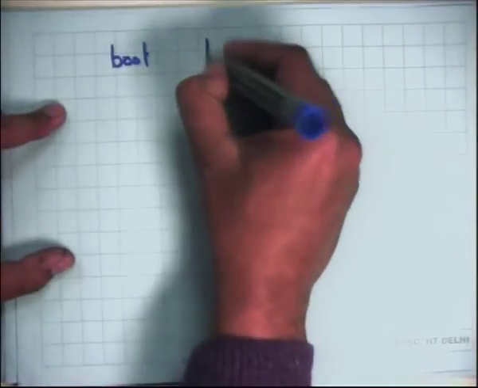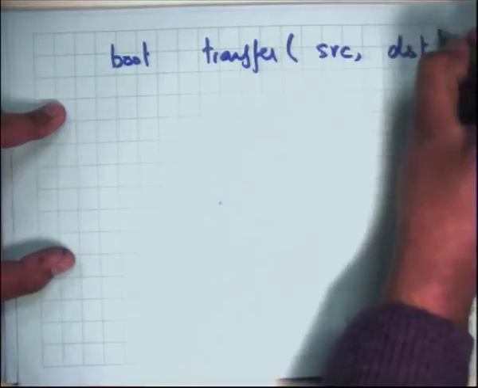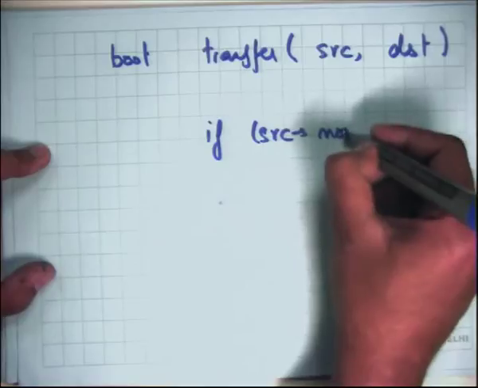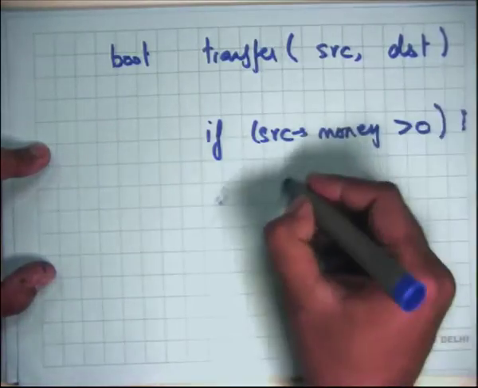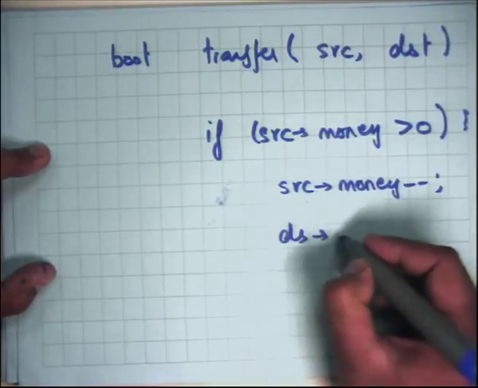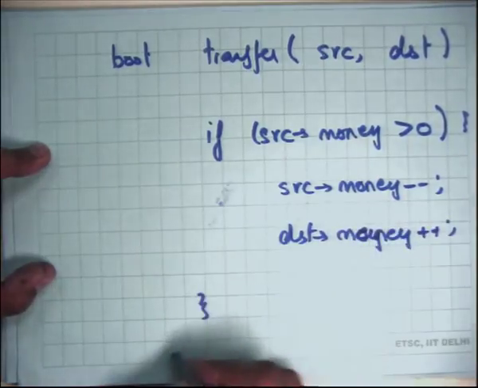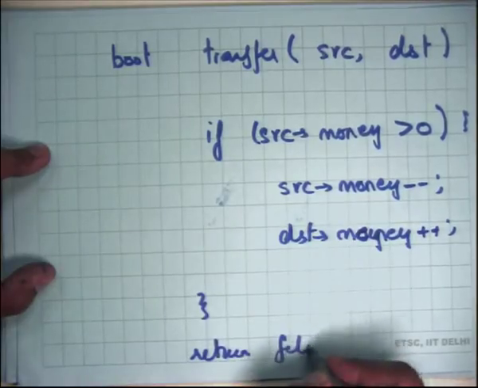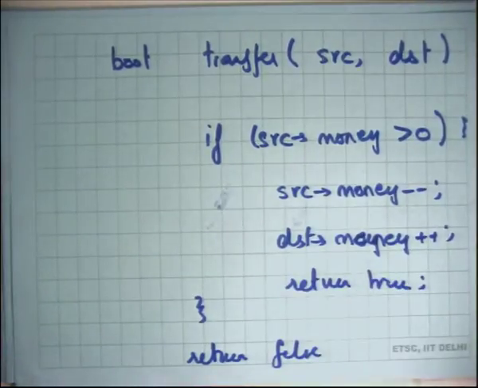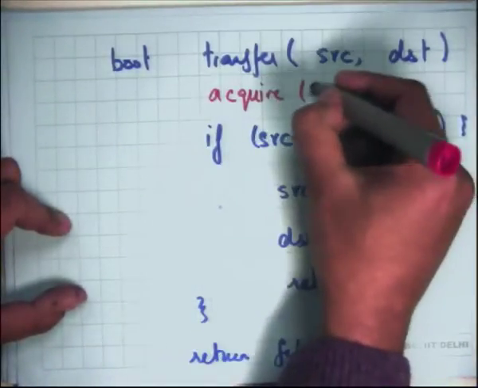bool transfer, source, destination. Now what I'm going to do here is I'm going to say acquire source.lock.